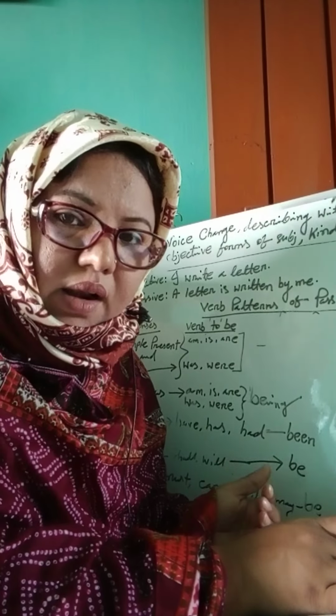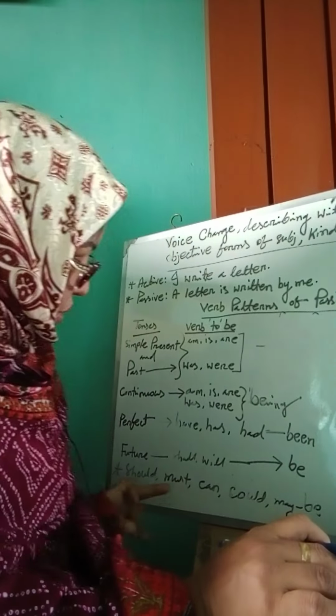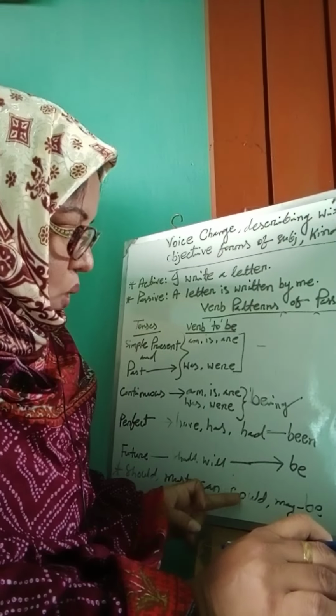The work will be done by me. She will do her duty. The duty will be done by her. And if modal auxiliaries should, must, can, could, may, then be is added after that and before the main verb.